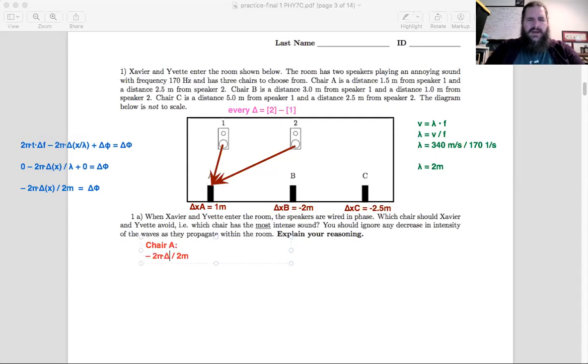We replace delta x with 1 meter. And what does that reduce to? Yeah, negative pi. And negative 1 pi, what type of interference would that be?